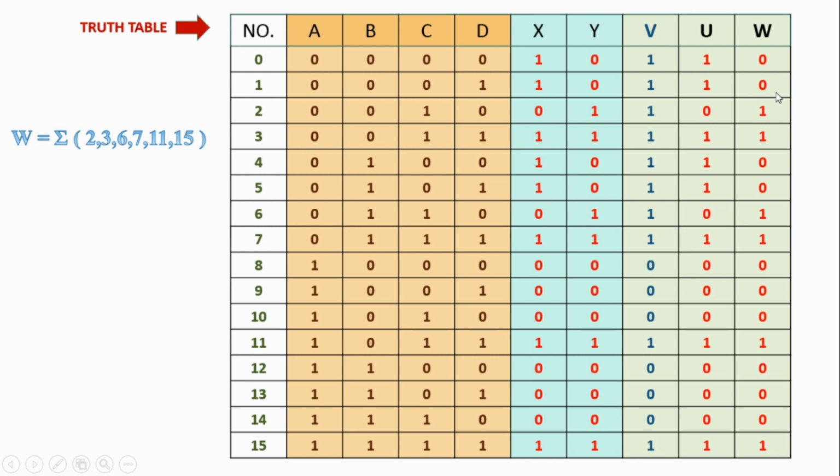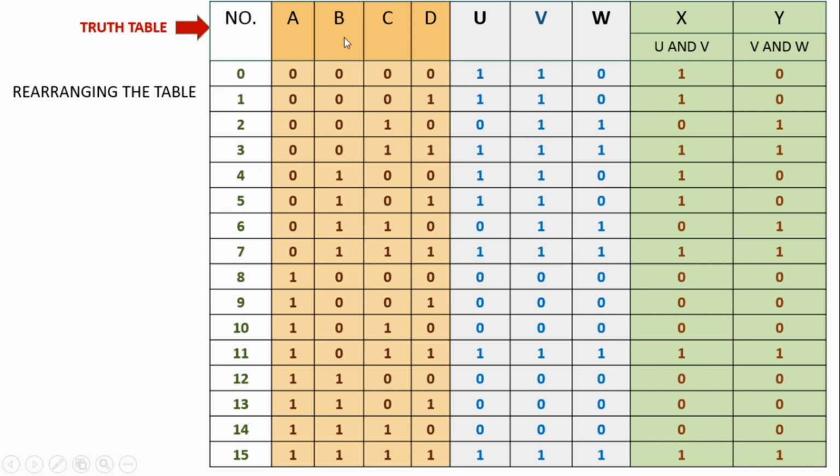Okay. So we have to rearrange it: input, then intermediate output, then final output. We know that x is created by u and v, and y is created by v AND operation with w. So you can verify it, the table is present here. For verification, I just look at u and v: 1 1 1 1 1 1 0 1 0 1 1 1.